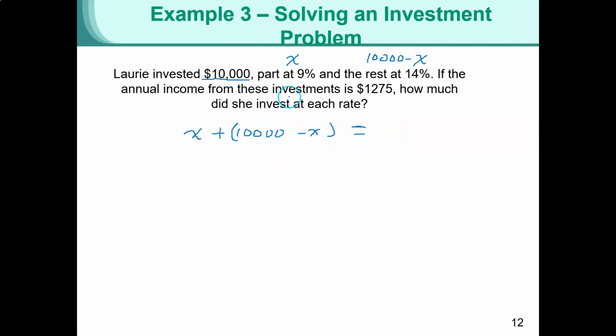From here we can write another equation. 9% is the investment with the x.